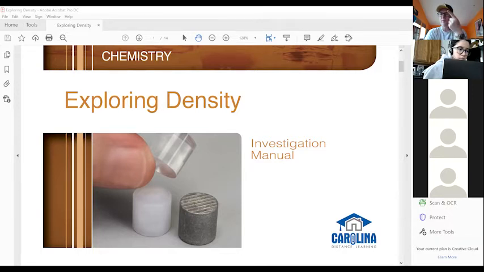So we have volume, we have temperature, mass. Color? Color, that's interesting. So can we change the color of something without doing something chemical to it, without changing its chemical properties?